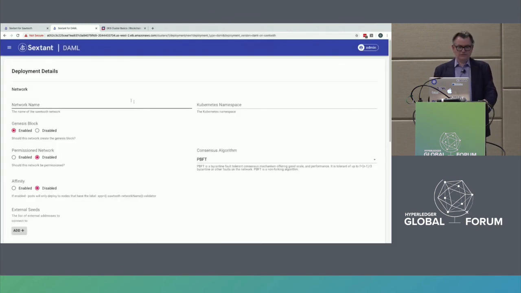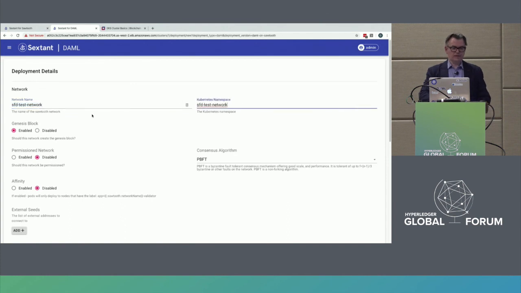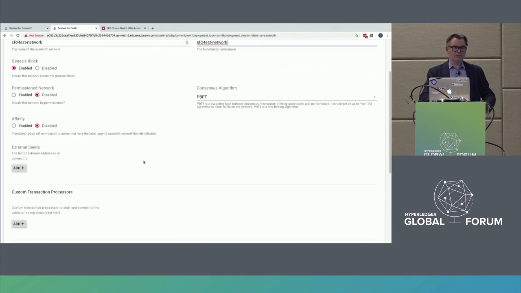So let's stick with DAML and Sawtooth. It's by and large the same dialogue as it would be for the Sextant for Sawtooth, except we've constrained the number of choices, because if you're working with DAML, there is no real need to add in a whole bunch of other Sawtooth-specific transaction processors because they're not relevant.